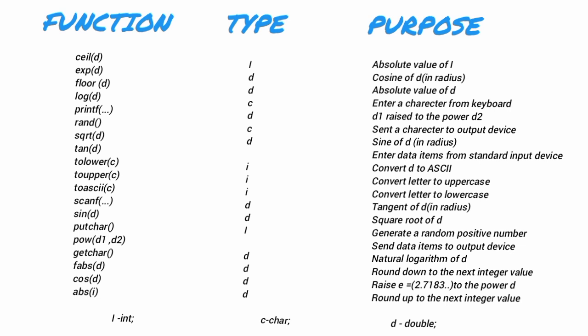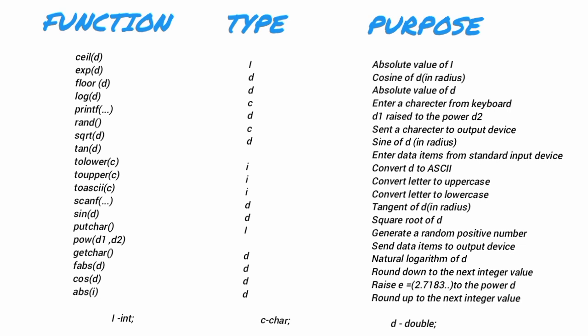floor(d): round down to the next integer value. exp(d): e, equal to 2.7183, to the power of d. And ceil(d): rounds up to the next integer value.